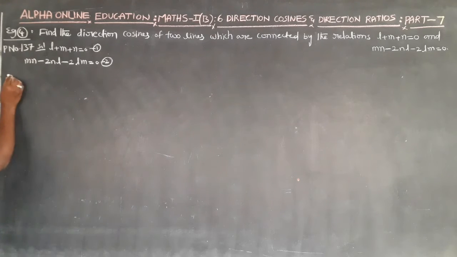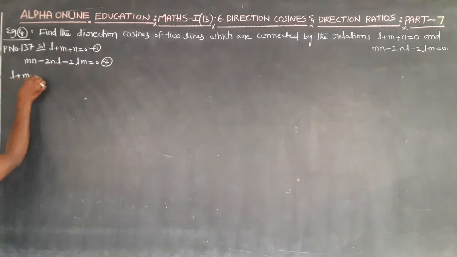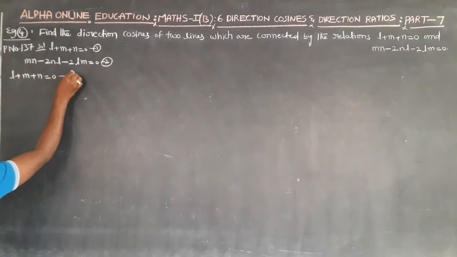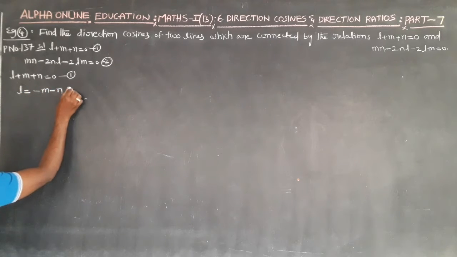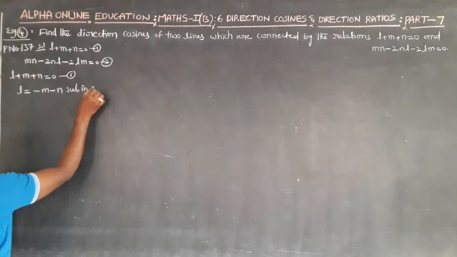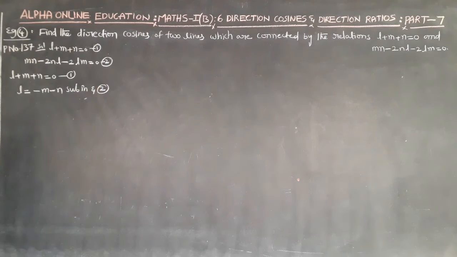First of all, from 1, L plus M plus N is equal to 0. Here L is equal to minus M minus N. Taking plus M plus N to the right side, plus M becomes minus M, plus N becomes minus N. So L is equal to minus M minus N. Substitute in equation number 2.